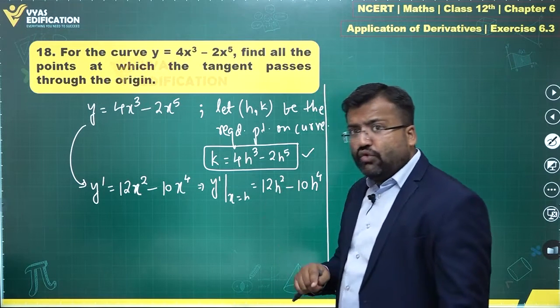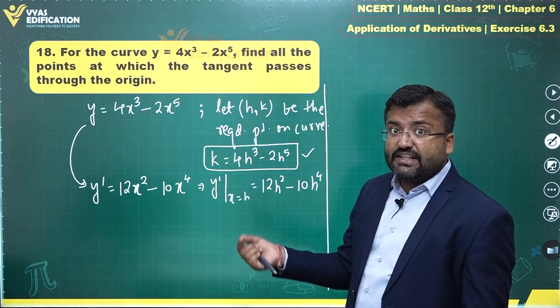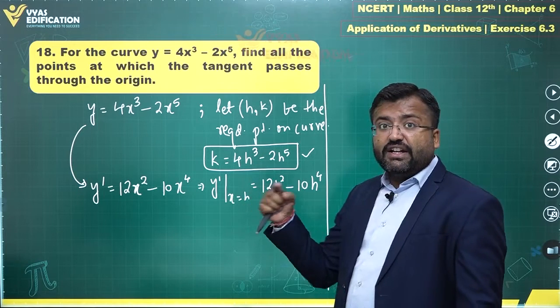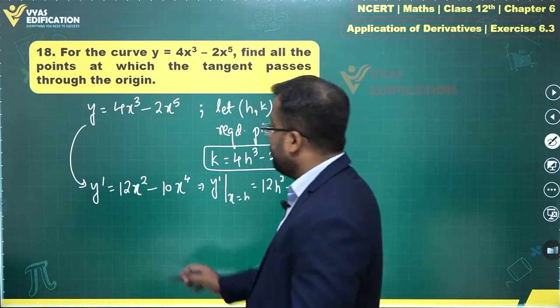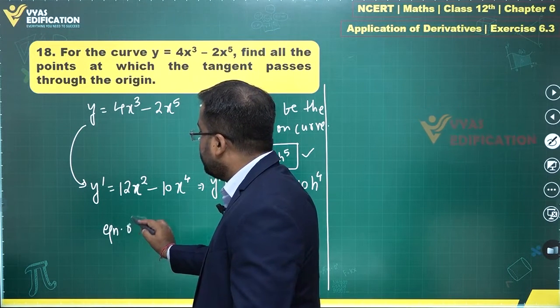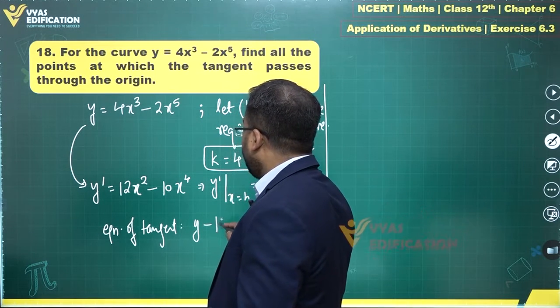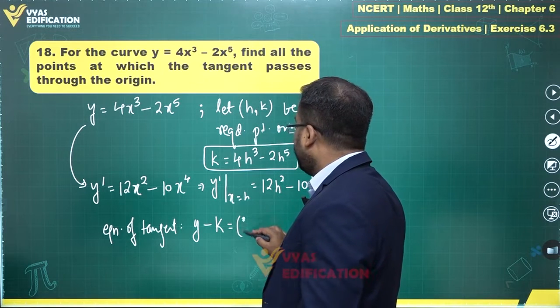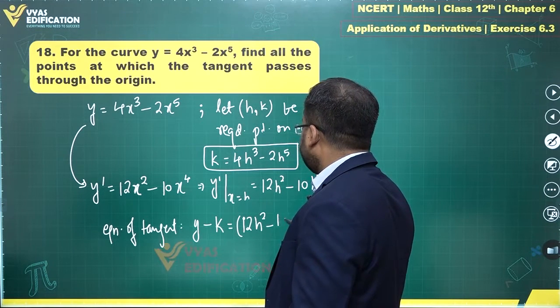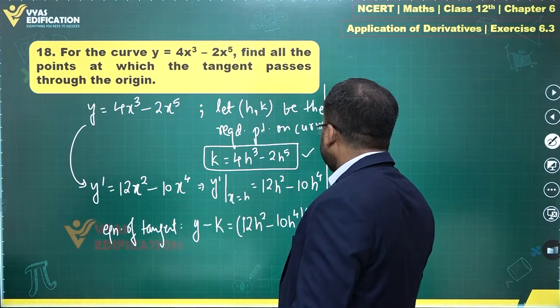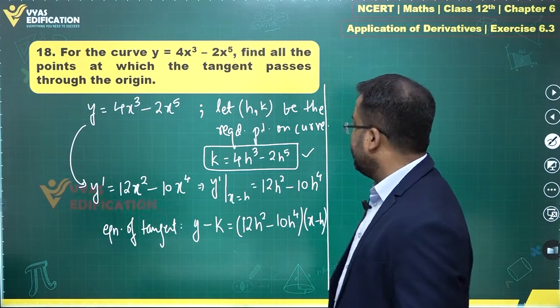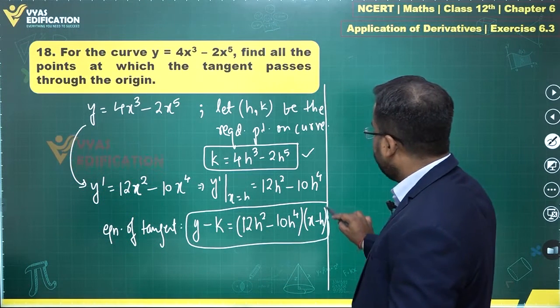But we are not only interested in this derivative, we are interested in further. This derivative will give us the equation of tangent at h comma k. So equation of tangent, what is that? y minus y1 is equal to slope 12h square minus 10h power 4 times x minus x1, which is this. This is the equation of tangent.